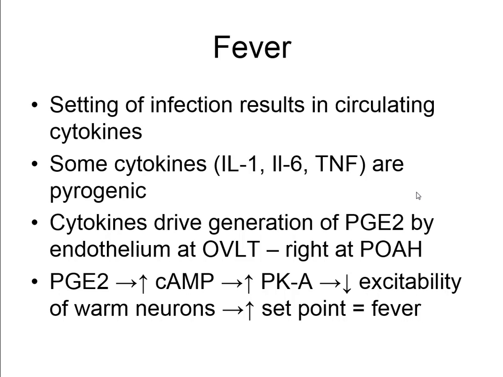Yeah. So there are situations in which people have poor temperature regulation, more so than being misset. They tend to fluctuate, which probably reflects not single neuron but circuit abnormalities.